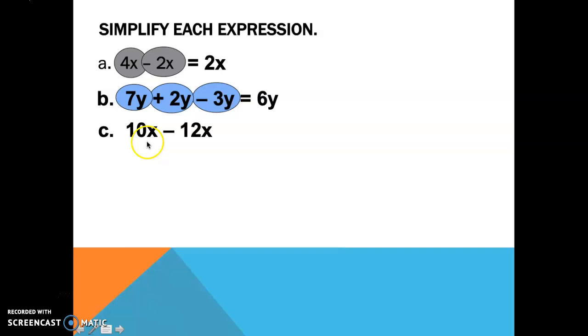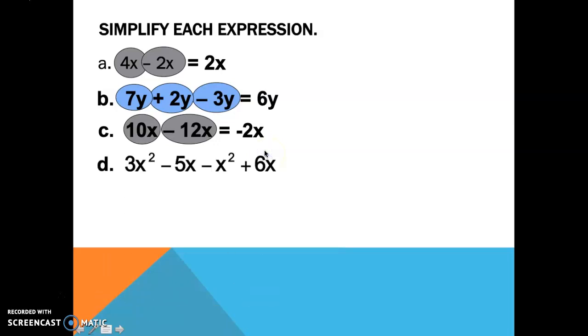Again, 10x, negative 12x, they are like terms. I had 10 and I took 12 away, so I am in the negative. Now this one's a little bit more complicated. If you notice, I have x squareds and x's. So let's start with the x squared terms. I have 3x squared.